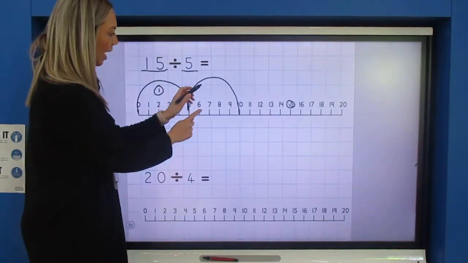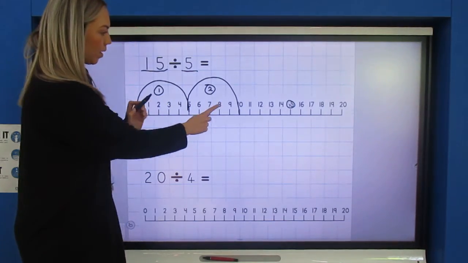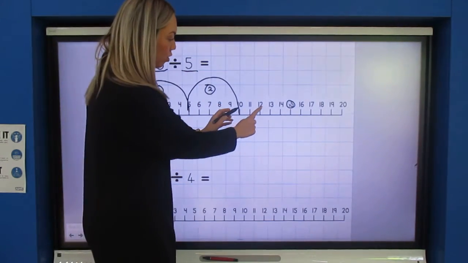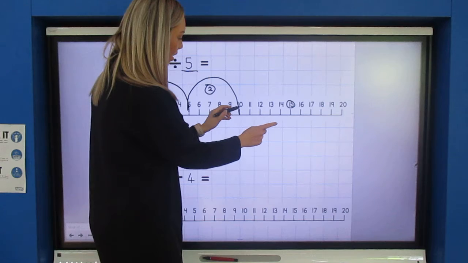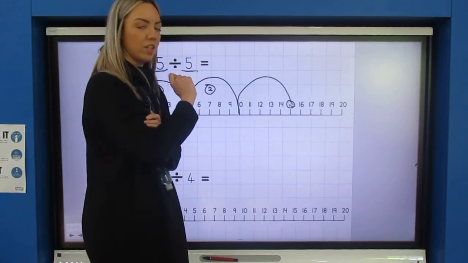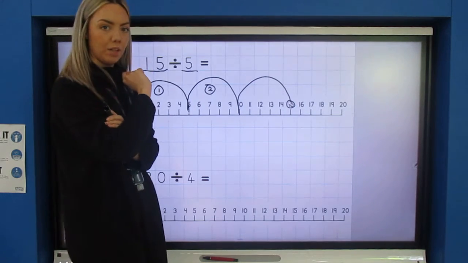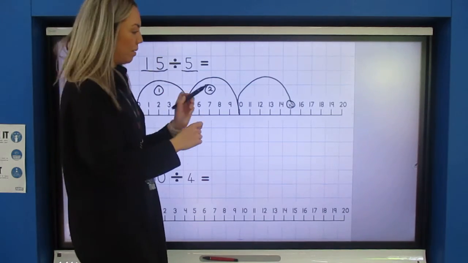Okay, and that's going to be my second group. And let's count again. 1, 2, 3, 4, 5. And I've landed on my number 15, which is our total to group, isn't it?